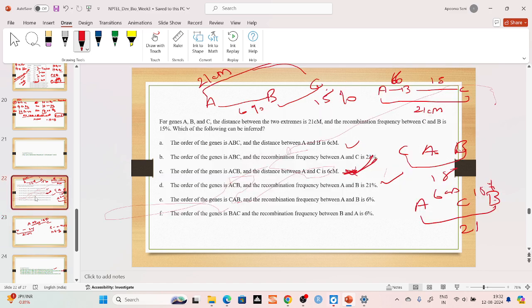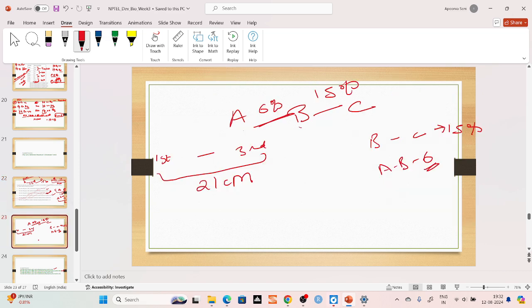So if you can see here, if I write it as ACB, then can it be correct? Yes. Why? Because B and C is given as 15%.